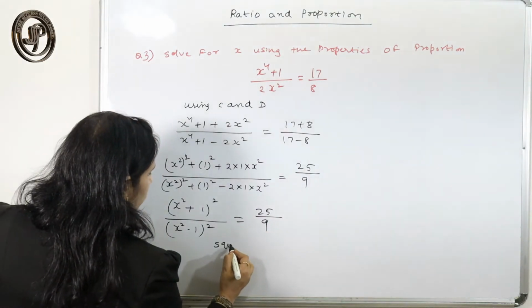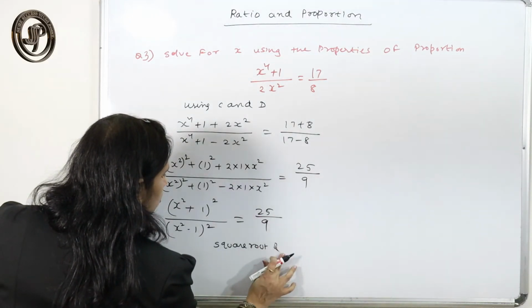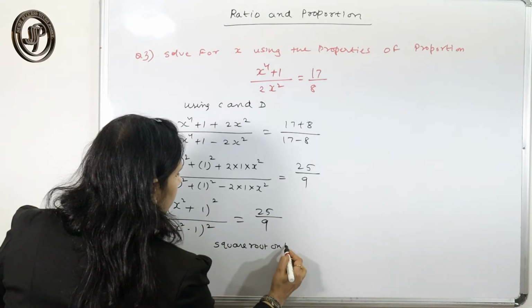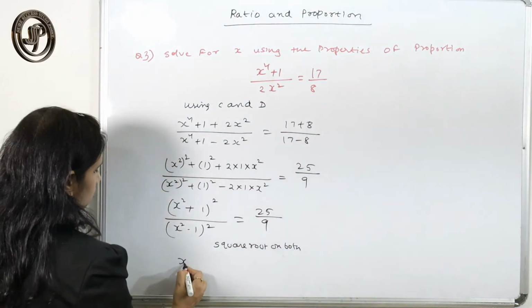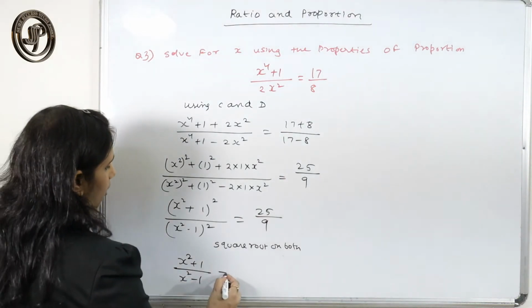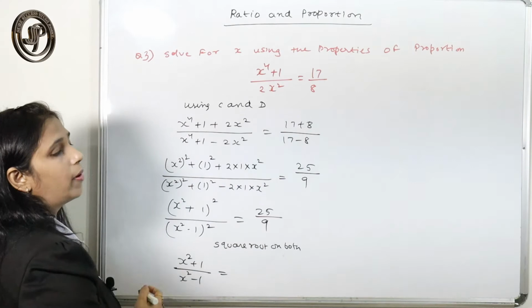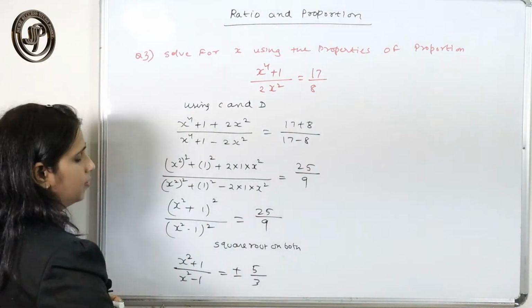Now do square root on both sides. Why? Because if I do square root on both sides, this square will cancel out. And here if I do the square root of 25 by 9, I get plus minus 5 by 3.